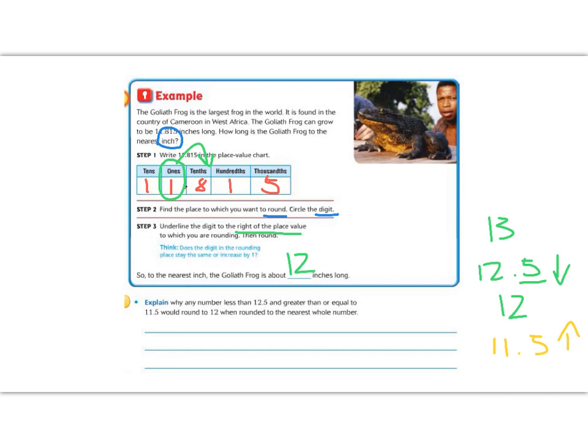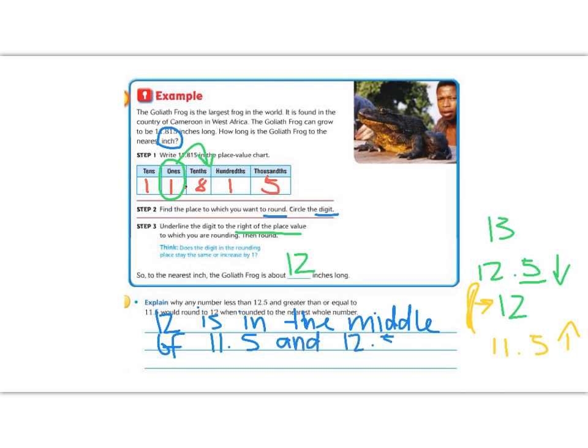So anywhere in this range would make us round to the number 12. And that's because 12 is in the middle. So we're going to explain 12 is in the middle of 11.5 and 12.5.